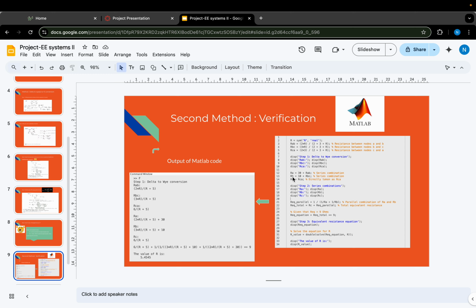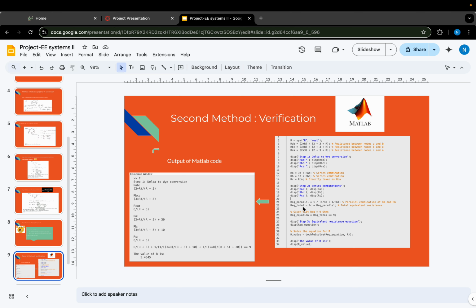Same thing for RB, 10 plus RBC. RC is just RCA. And after all this code, you have to find the R equivalent parallel, which is 1 over 1 by RA plus 1 by RB, and RC is in series with the R equivalent parallel. That's why I have added the plus sign here.